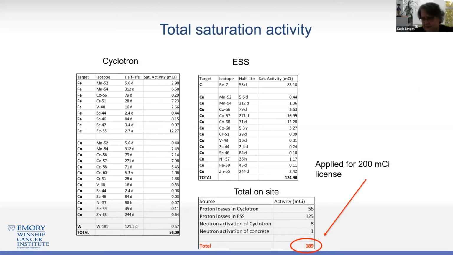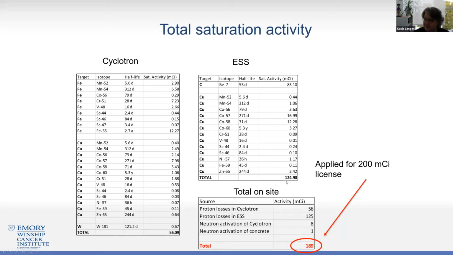So after doing all of this, you can see the saturation activities that we calculated for different isotopes. This is the last column. We added this up for the cyclotron. It was a little less than 60 millicuries. I'm sorry, we're still using the old units here. In the energy selection system, the activity was quite a bit higher.